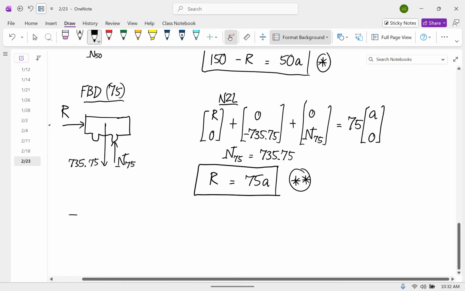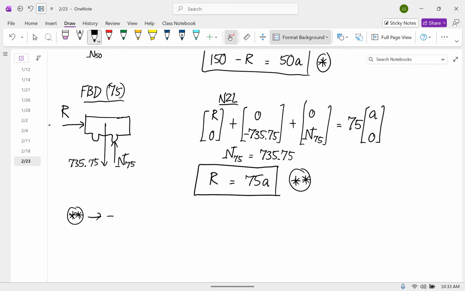I'll substitute the second equation into the first. You could always do reduced row echelon form to solve this, but usually it's a little faster if you have two equations to just do it by substitution. So we have 150 minus R, and R is 75A, is equal to 50A.